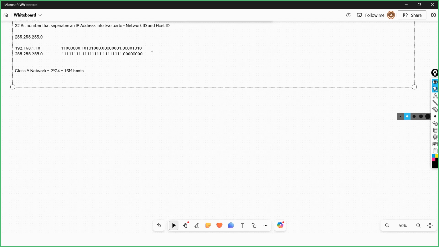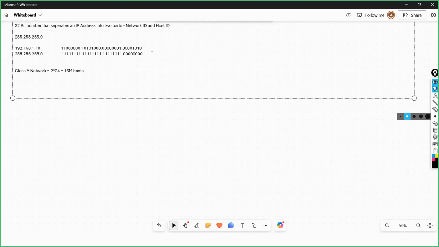So, being an administrator, if you are using such a big network where you have 16 million hosts, do you think practically it is possible to manage all these devices? You have built up a network, and then in this network you have started to assign the IP addresses either statically or dynamically. Now, do you think that managing 16 million devices at once is an easy task?